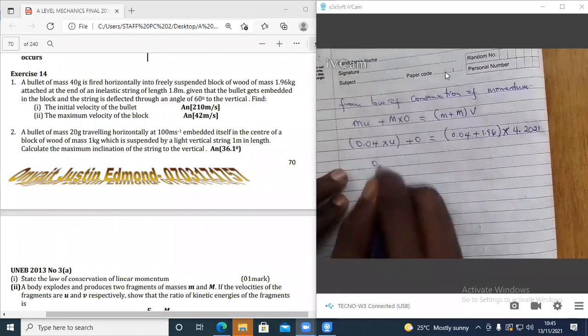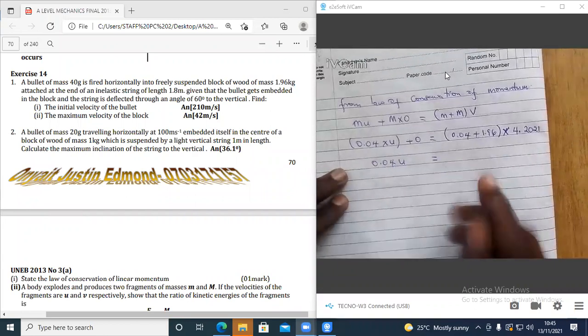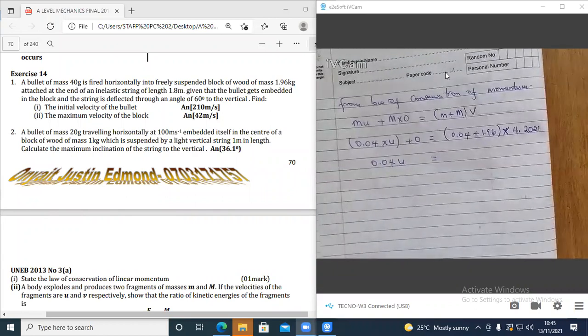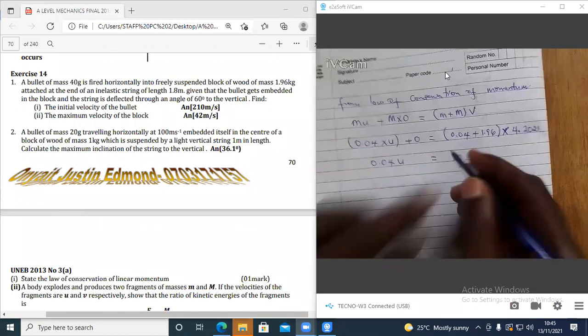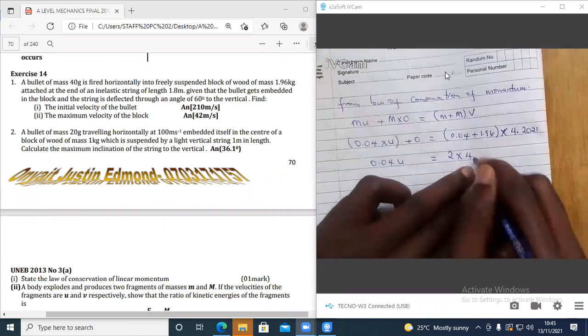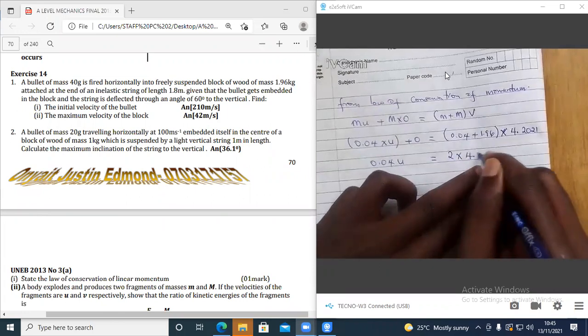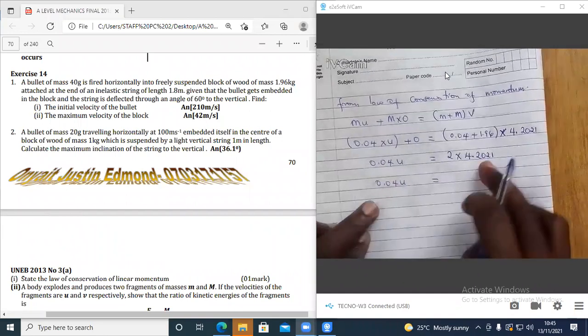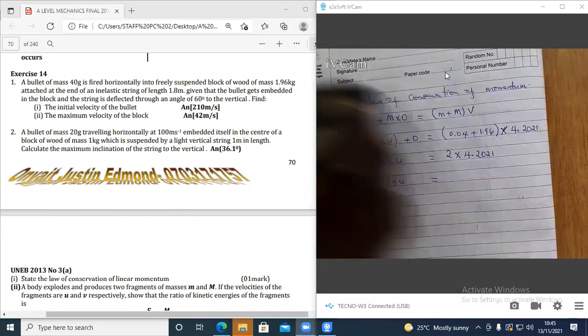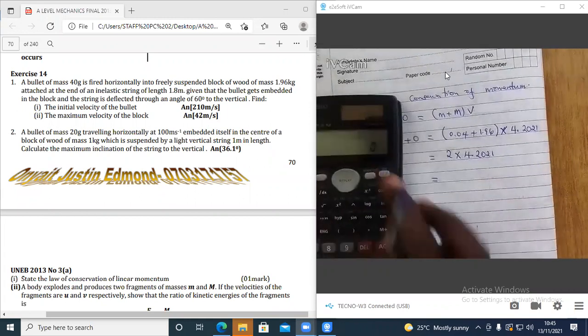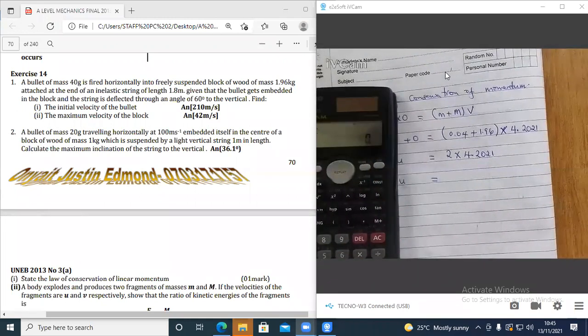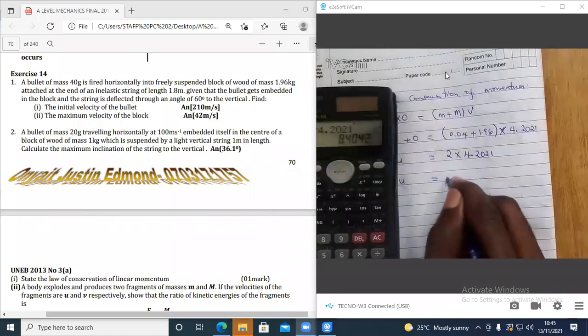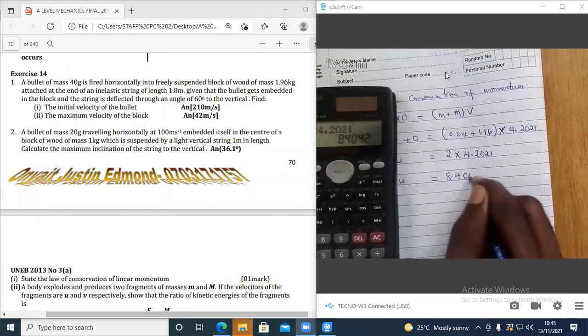So we shall have 0.04 u equals, 1.96 plus 0.04 will give us 2, so 2 times 4.2021, which will give us 8.4042.